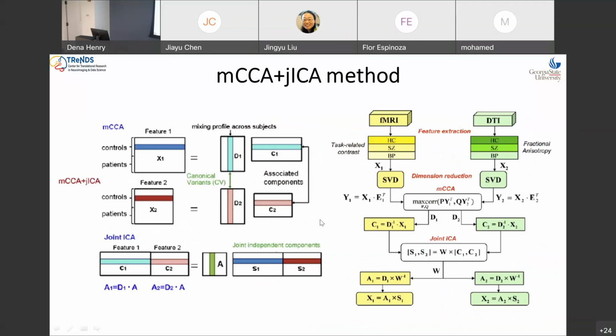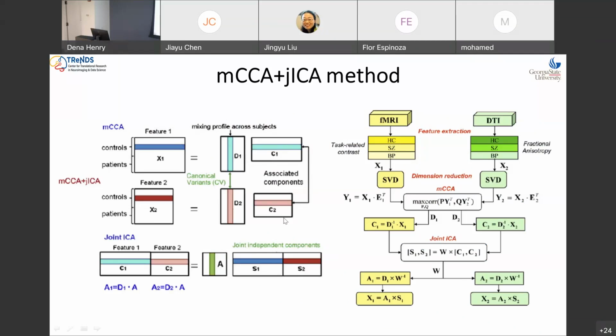To address this issue, Jing Sui developed this MCCA plus joint ICA method. As indicated by its name, you apply MCCA first, followed by joint ICA. You get latent variables from MCCA, which have their associated components.